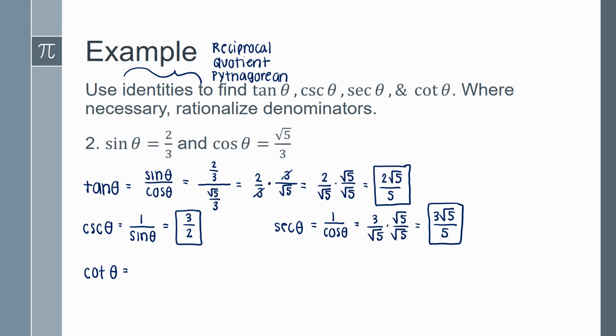So because tangent is 2 root 5/5, if I flip it around, the radical would be in the denominator and I'd have to rationalize. So once again, going back to the ratio prior to rationalizing is going to make your life so much easier when you do your reciprocal. So flip 2 over square root of 5 around, and square root of 5/2 would end up being that final answer.